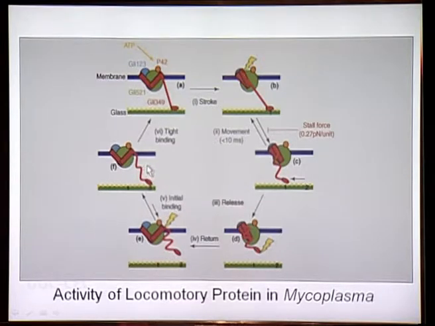This is how mycoplasma shows definite movement, and by seeing this movement we can compare it with an organism. Can you tell me which organism? It is the amoeba. So it is a sort of amoeboid movement, where the cytosol projection helps in their movement. So they are exhibiting amoeboid-like movement.